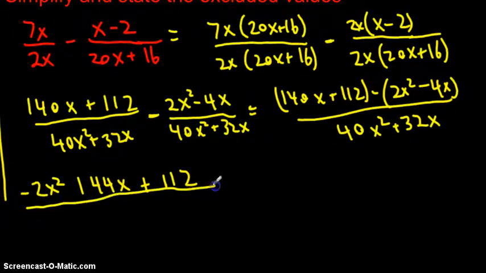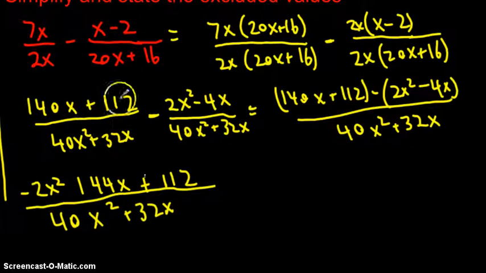All of this is over 40x squared plus 32x. Alright, so now we should factor and see if we can simplify this expression.